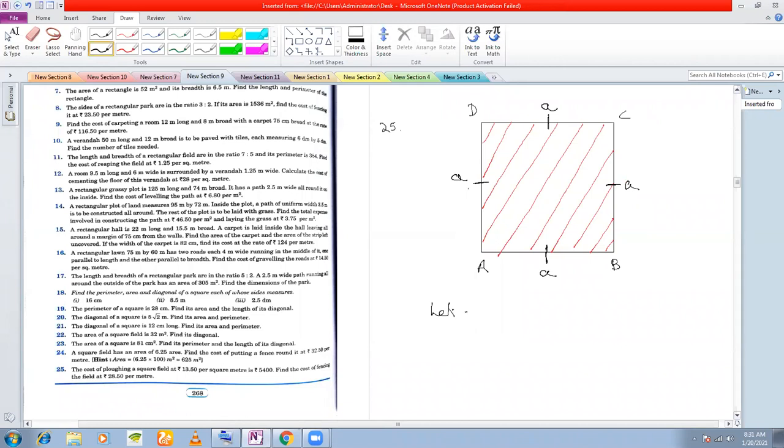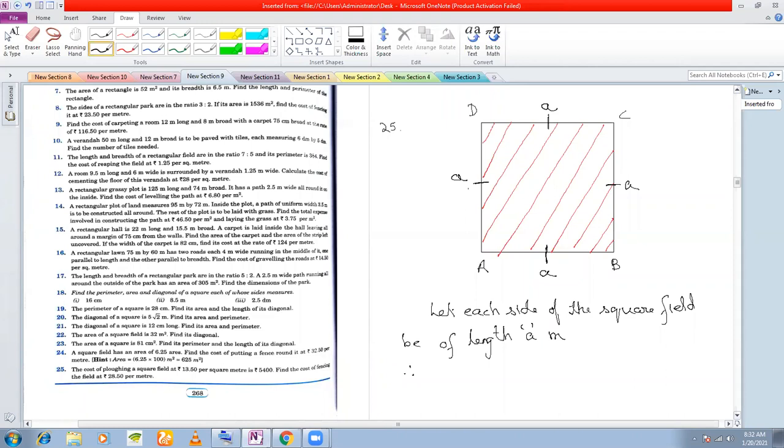Let each side of the square field be of length a meters.